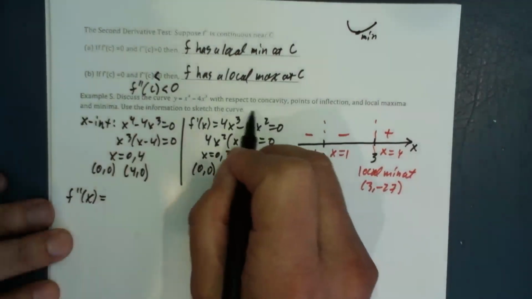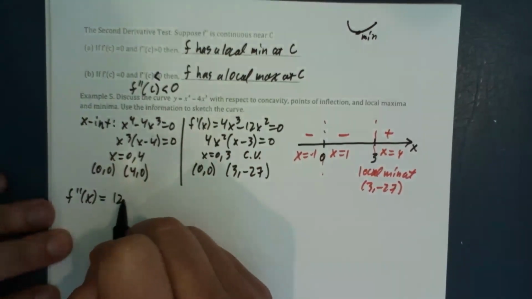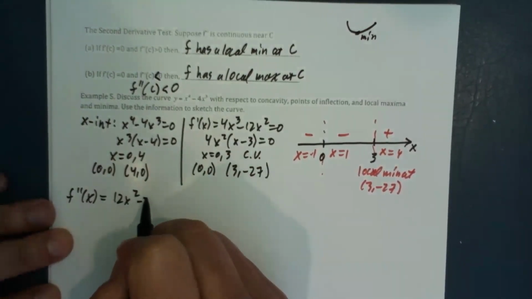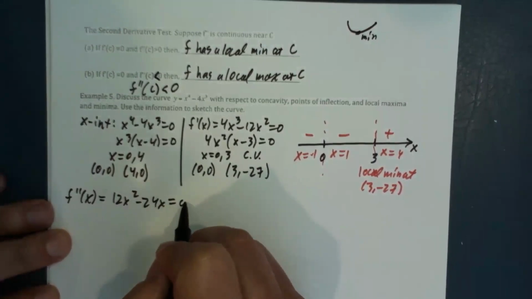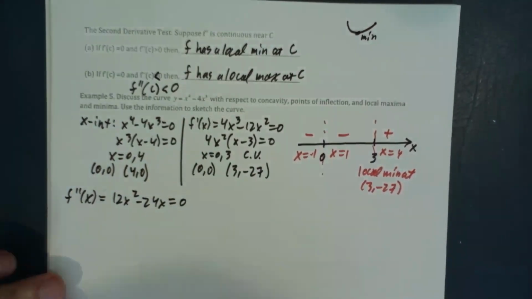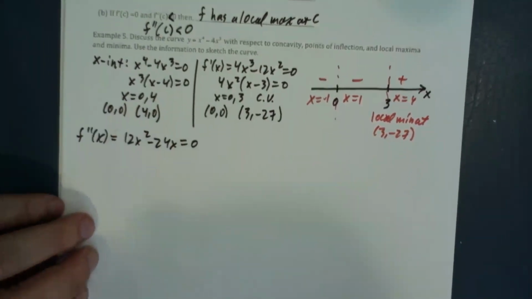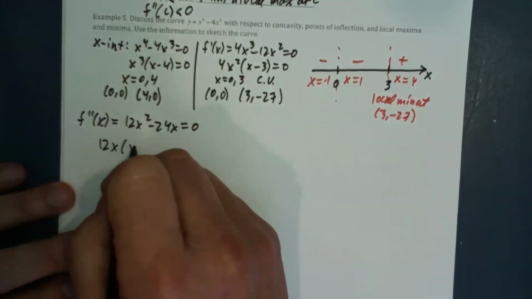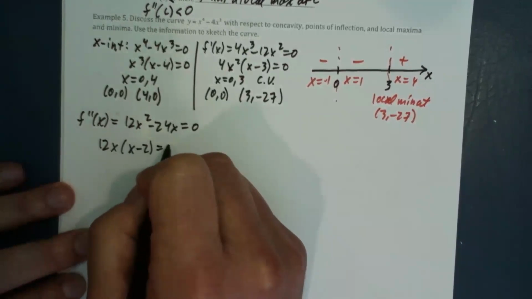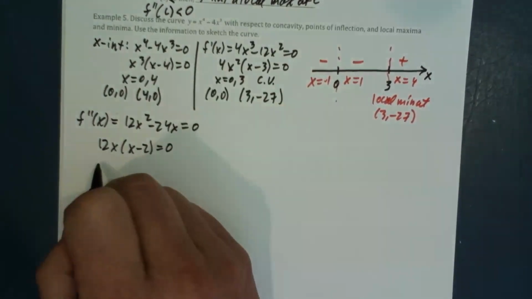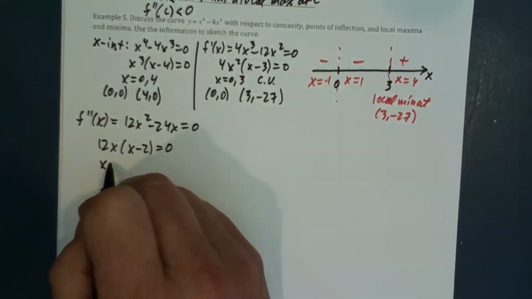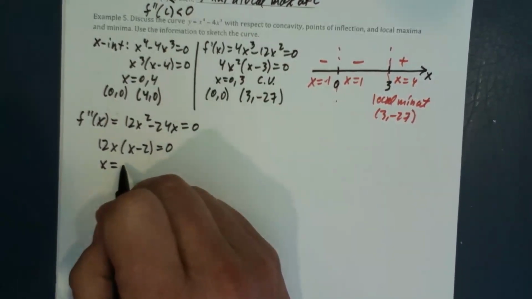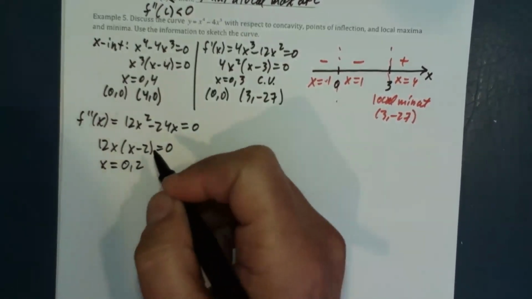So I'm taking the derivative of the first derivative, right? So that's going to be 12x squared minus 24x. Where's that equal to 0? Well, let's factor out a 12x. So our inflection values are at 0 and at 2.